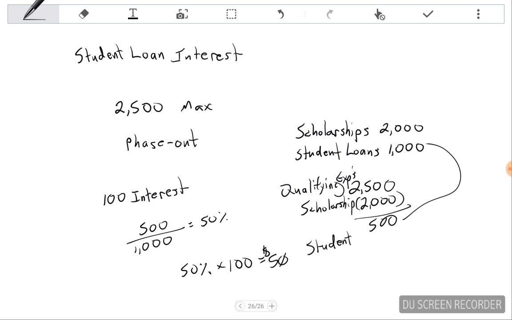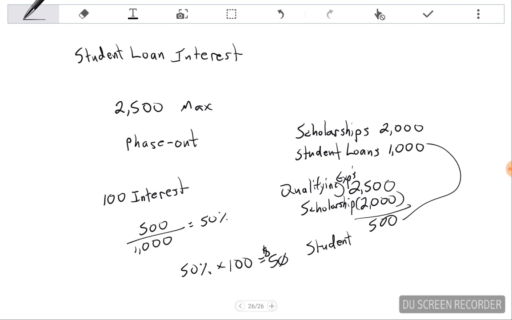But in the book, they tell you, and this is something you want to know for your test, things that you have to reduce the qualifying loan by.